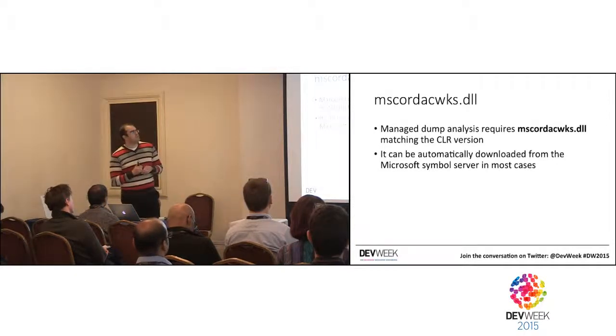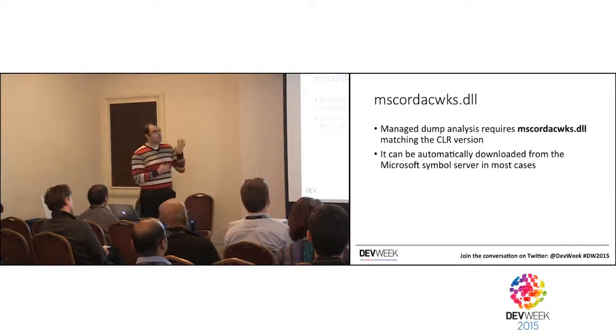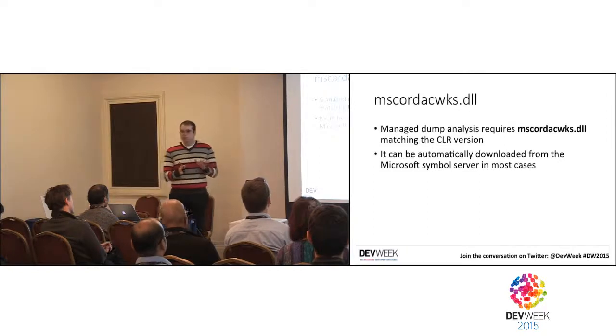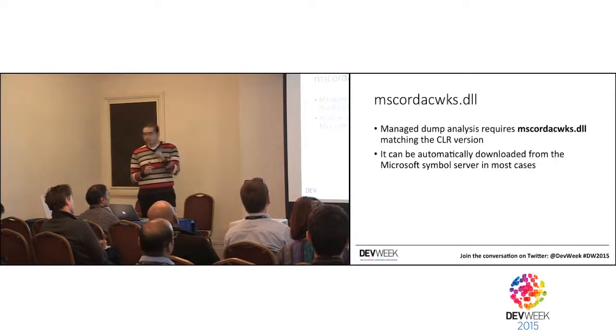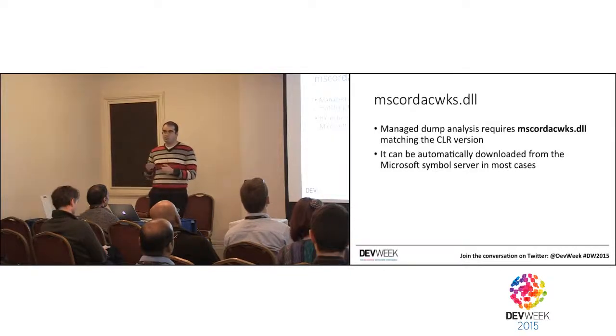DAC stands for Data Access something, Data Access Component maybe. It's an internal component which you really shouldn't be using directly, but the ClrMD library needs that file for the particular version of the CLR that you happen to be using.